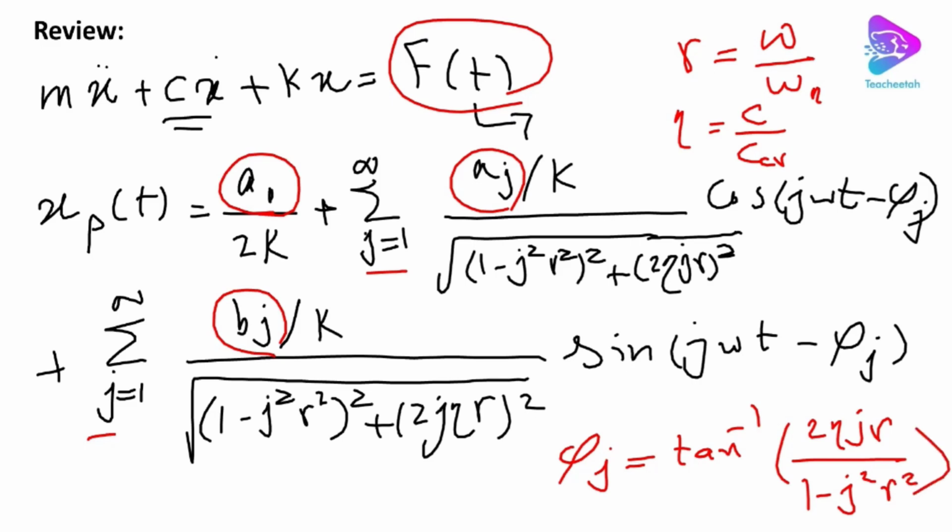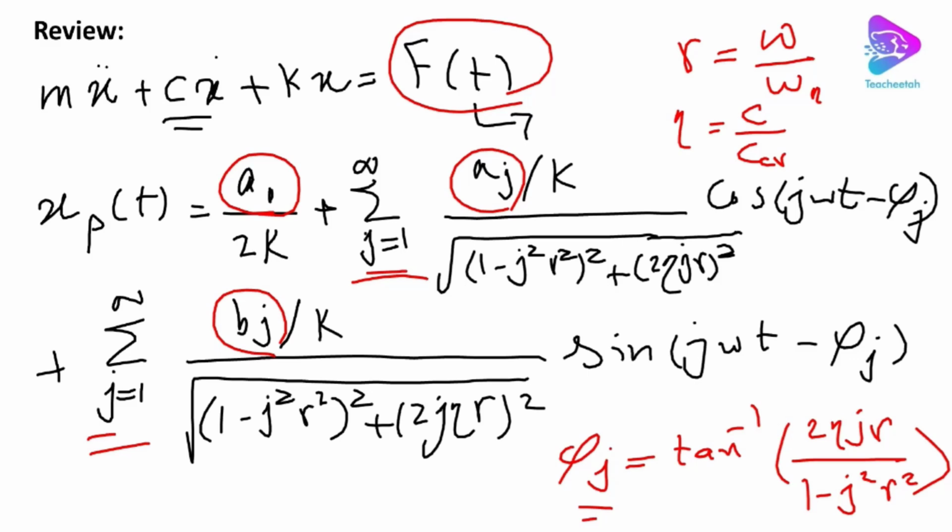As you see, everything is a function of j. And why? Because it is the superposition of all the responses, all the terms related to j, right? That's why you have these two sigmas defined in this problem. So what you need to do in these types of problems is pretty simple.